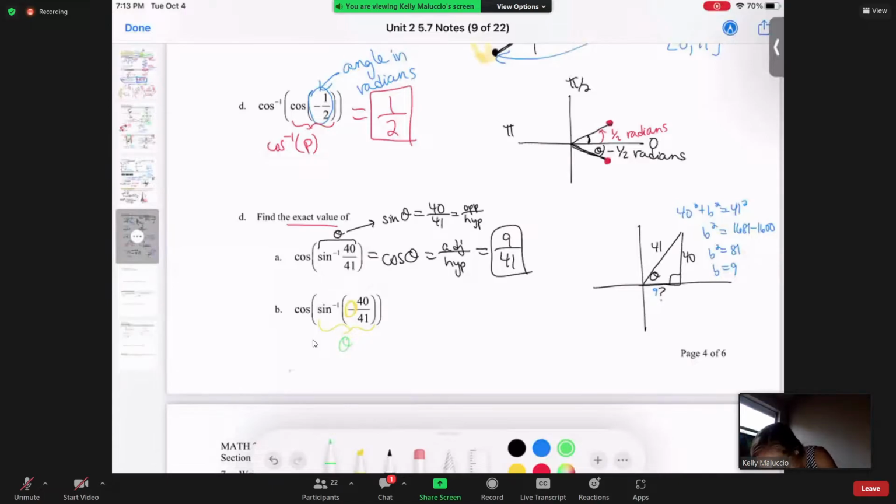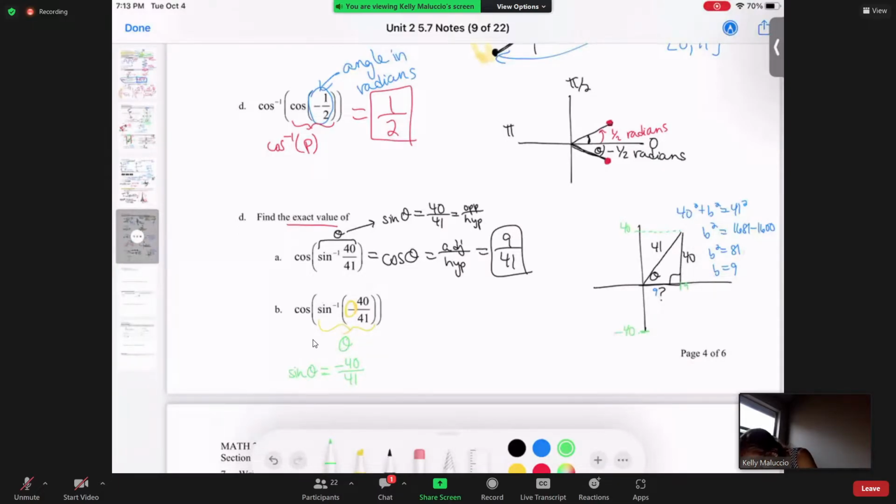This is theta. So sine theta equals negative 40 over 41. That just means this side is positive 9, and to get negative 40, it would be about here.